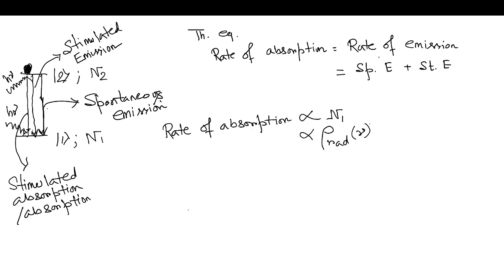So we can write the rate of absorption with a constant B1 to 2, N1 and rho.